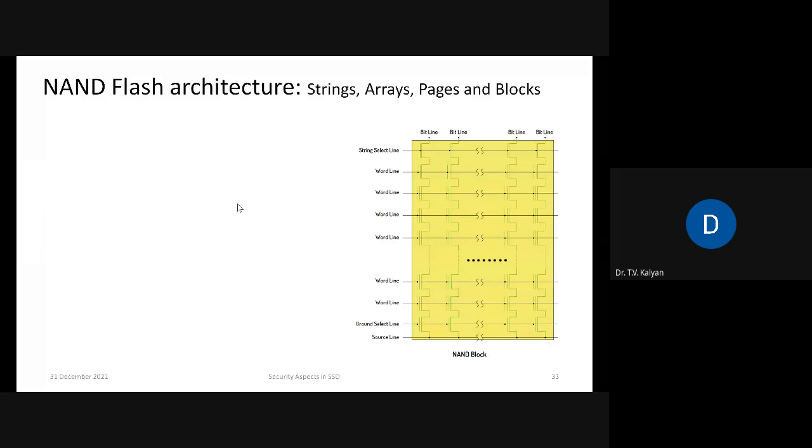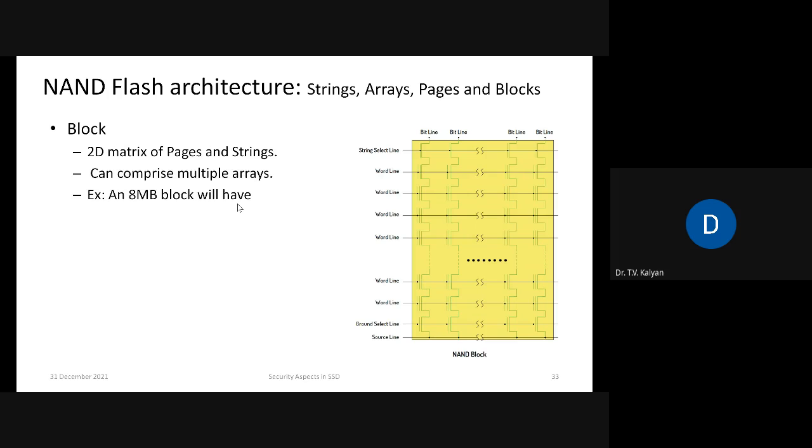Let's take these NAND arrays, and when we arrange such arrays in a 2-dimensional fashion, that forms a block. Typically, block sizes are a few megabytes, and this is the minimum erase granularity. So minimum read is the size of a string, minimum write is the size of a page, and minimum erase is the size of a block.